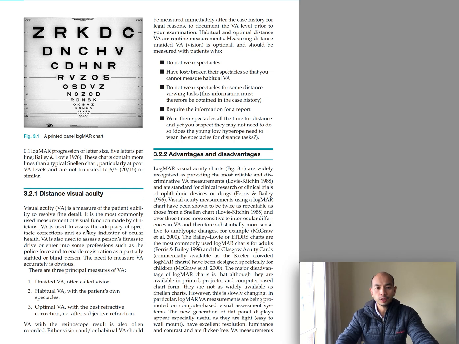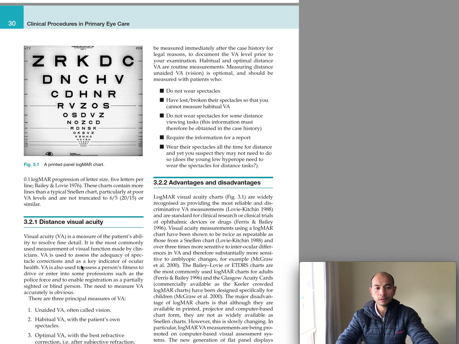VA is used to assess the adequacy of spectacle corrections and as a key indicator of ocular health. VA is also used to assess a person's fitness to drive or enter into some professions, such as the police force, and to enable registration as a partially sighted or blind person. The need to measure VA accurately is obvious.